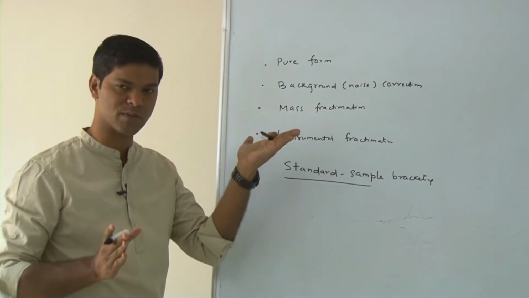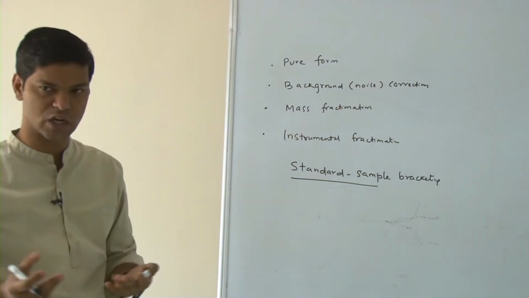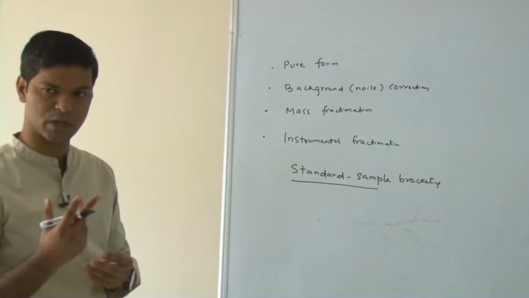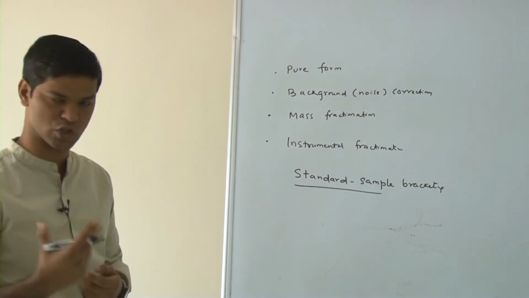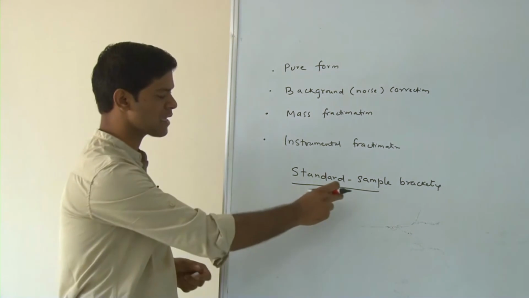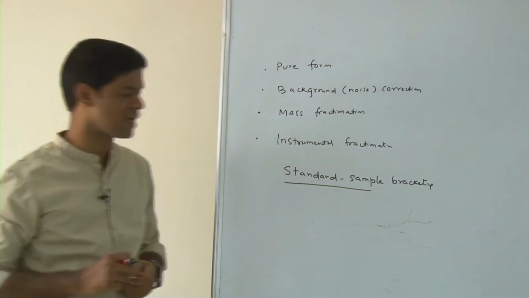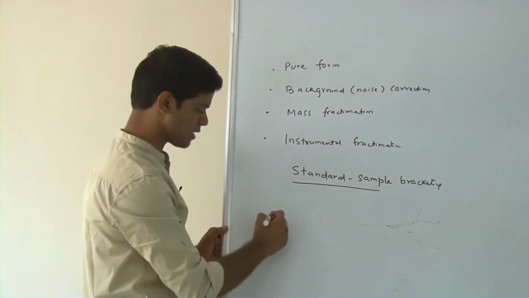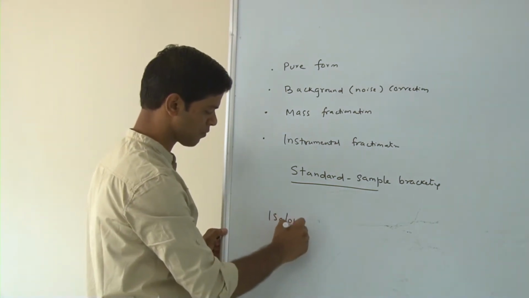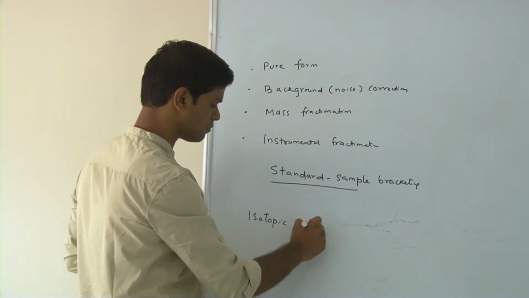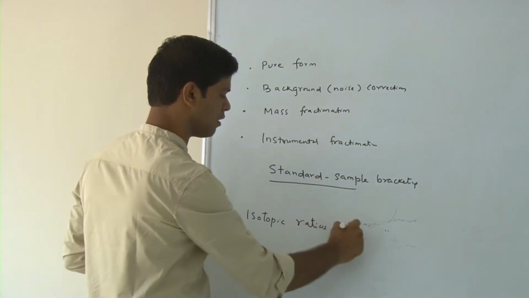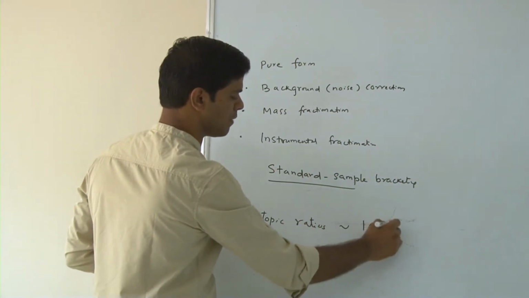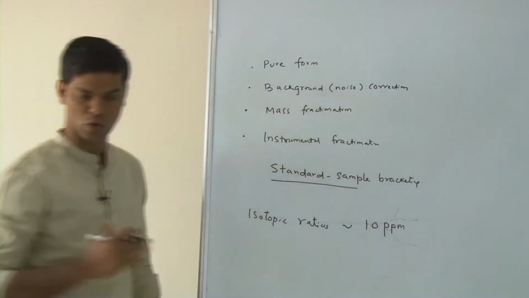Let it be a mass fractionation, let it be a physical removal through pumping, or because of disturbances created by slits. All those things can be taken care of with standard sample bracketing, and that is the way you get isotopic ratios which are precise to the order of 10 ppm level. So, this is how you do it.